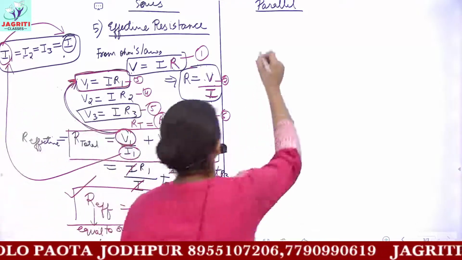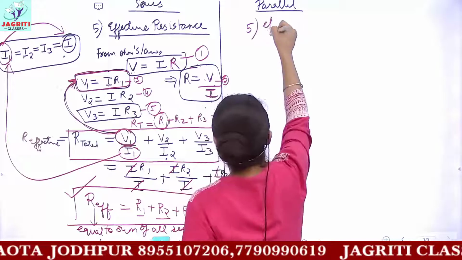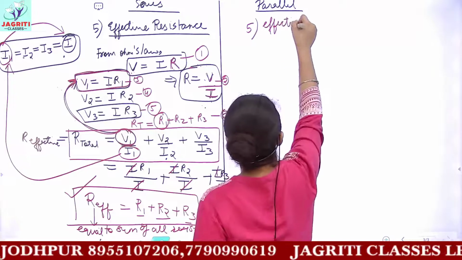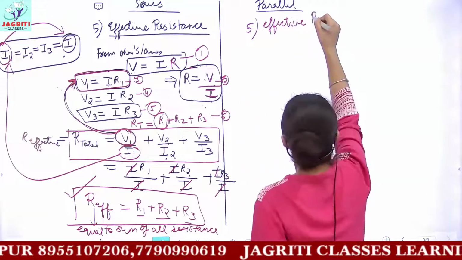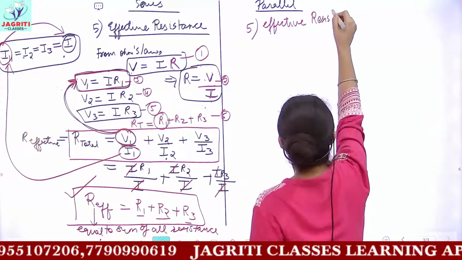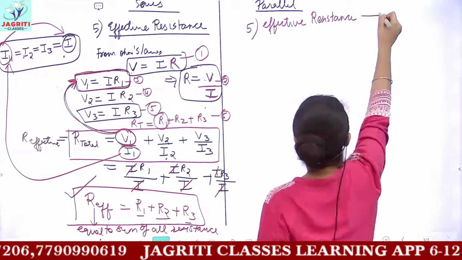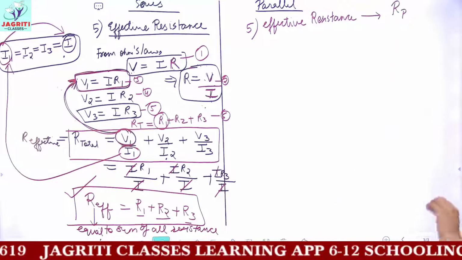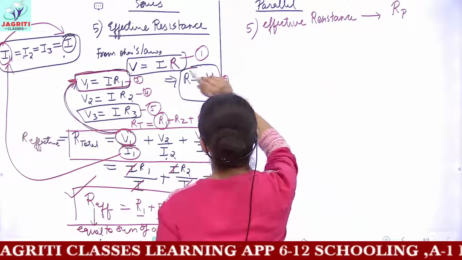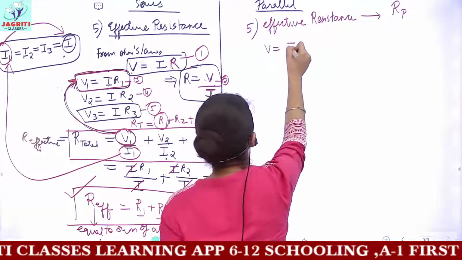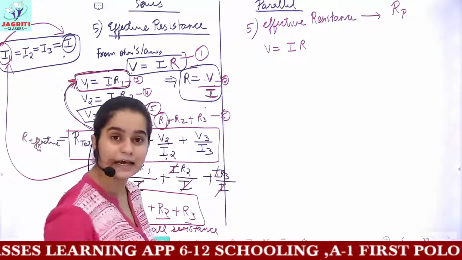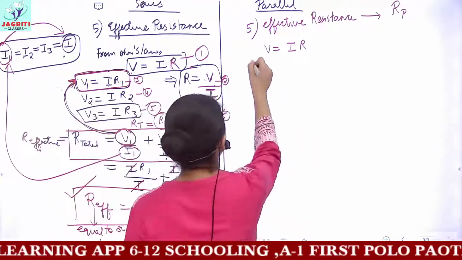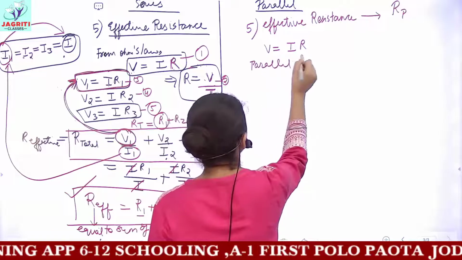Similarly, now we are trying to find the effective resistance in case of parallel combination. I would denote it by RP, that is, R parallel. Next we'll be using Ohm's law, V equals IR. And you know in parallel combination, what remains the same?